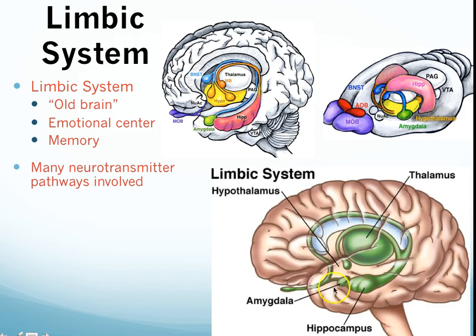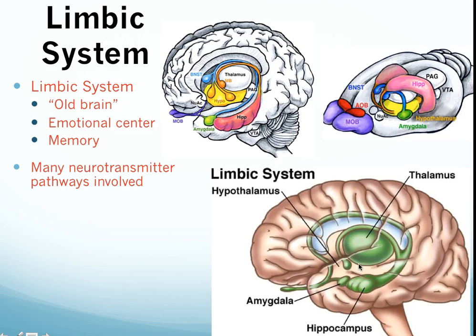We would have some sort of emotional center here, and of course the thalamus and the hypothalamus. Now remember, the thalamus is kind of a way station. It receives inputs from all over the place, so it's kind of like a central hub in the brain, and the hypothalamus is involved in controlling a lot of vital functions. Okay, so these structures together, it makes sense that this would be kind of an old brain, because they're things that are really super important for any organism. We would have needed these.